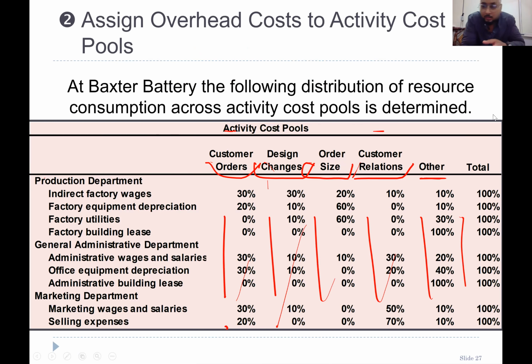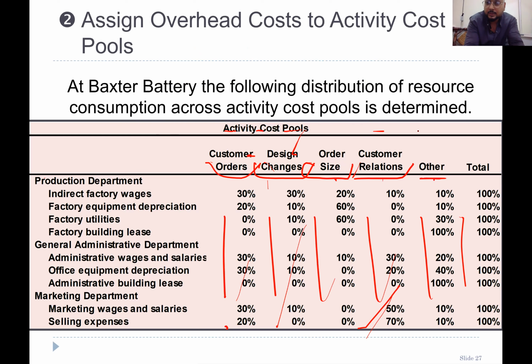We have sophisticated formulas with some statistics involved, so gladly at this point it will be given to you. See, indirect factory wages, they have divided into 5 categories: customer orders 30%, design changes 30%, order size 20%, customer relation 10%, and other 10%. Right? So first stage allocation is, first of all, you find out the cost pools.